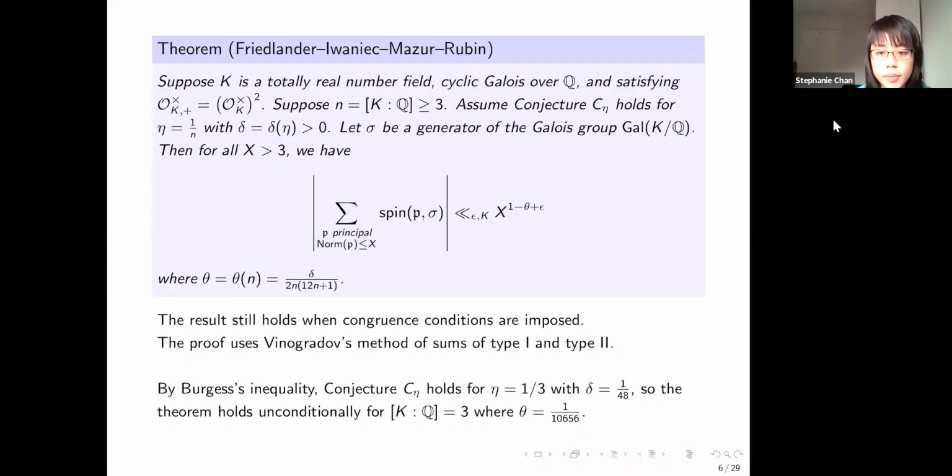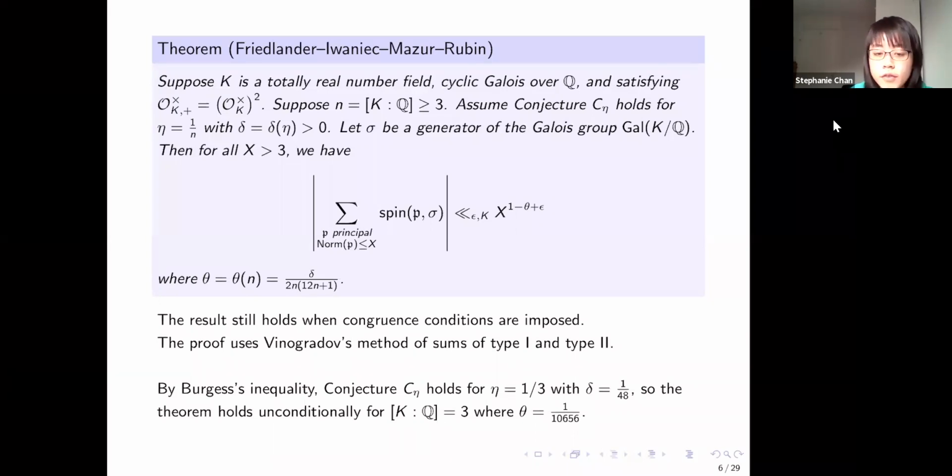So this implies that the spin of P, fixing sigma and varying P, you get -1 and 1 each half of the time. And this result also still holds when you impose congruence conditions on the ideal P. And the proof uses Vinogradov's method of sums of type 1 and type 2.